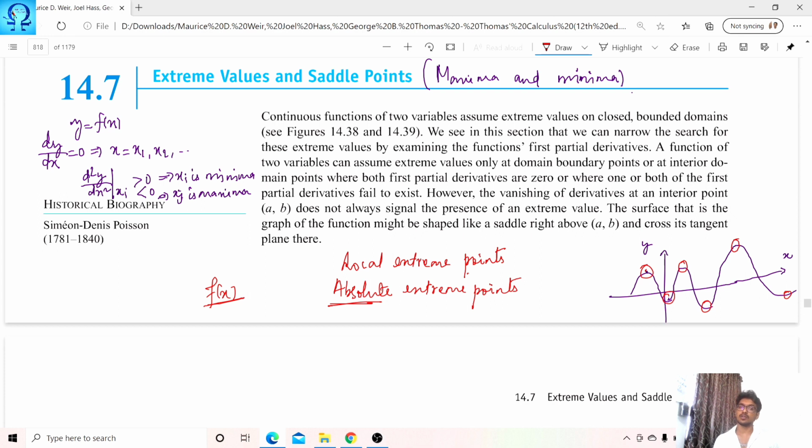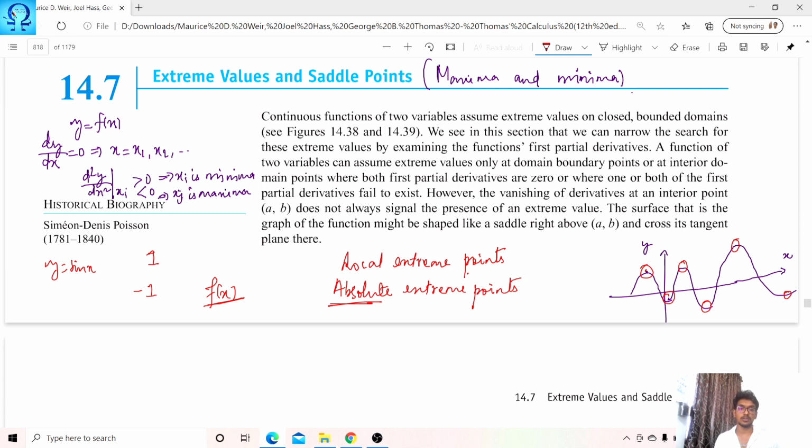For different values of x, you may get absolute extreme points. For example, if you take y equal to sine x or cos x, the maximum value of this function is 1, and the minimum value is -1, and this 1 and -1 occur at several values of x. But your absolute extreme values are 1 and -1.